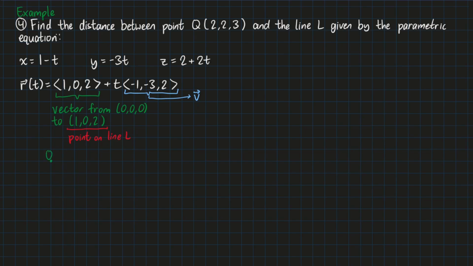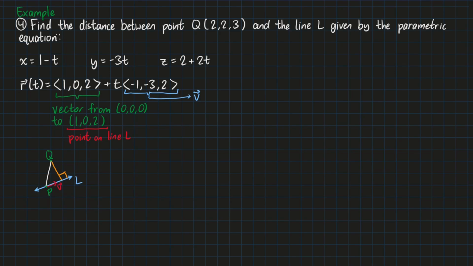So this is point Q, and we want to know how far it is from the line L. And again, the distance to it, if we make a line, is perpendicular to line L. And then the point on line L, (1, 0, 2), let's call that point P. And then we have our vector V.